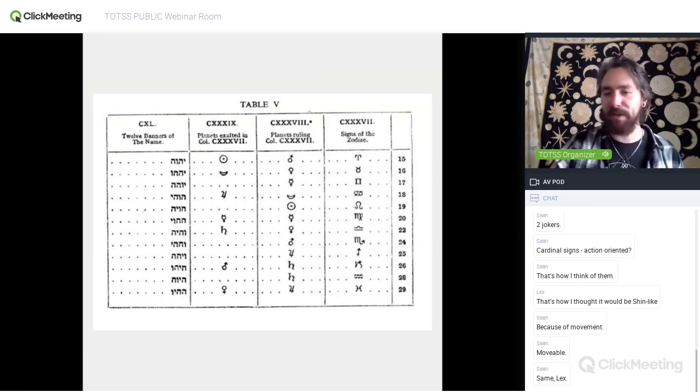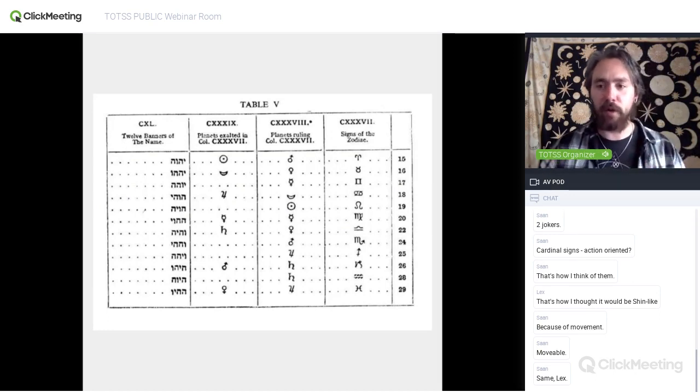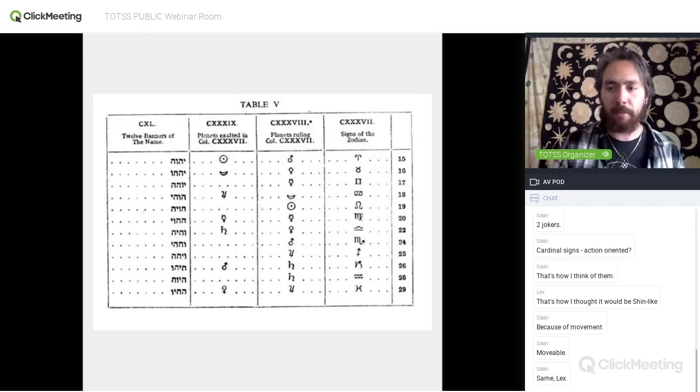You'll see all these tables of, like, Goetic demons of decans ascendant or something like that, and then it just goes on and on with all these different tables of Goetic demons and their images and things like that.